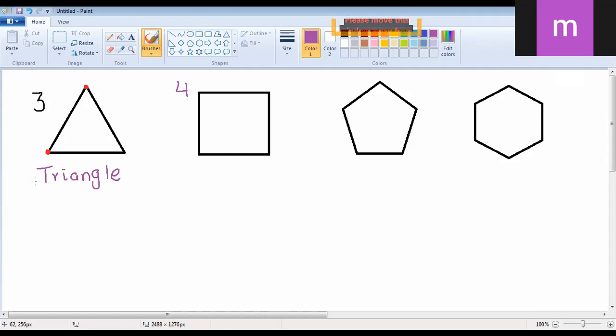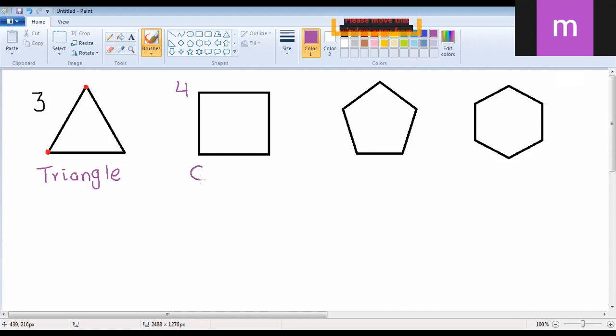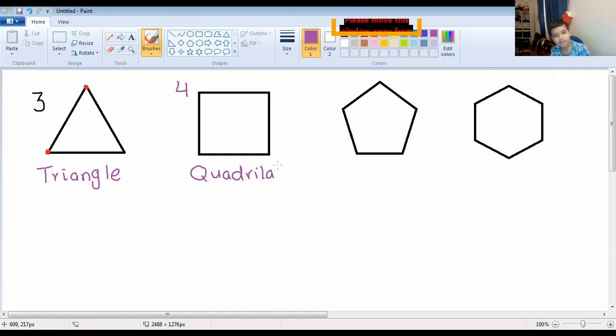Repeat after me: triangle. Then any 4 sides, like square, like rectangle, like rhombus, all of them we can say quadrilateral.